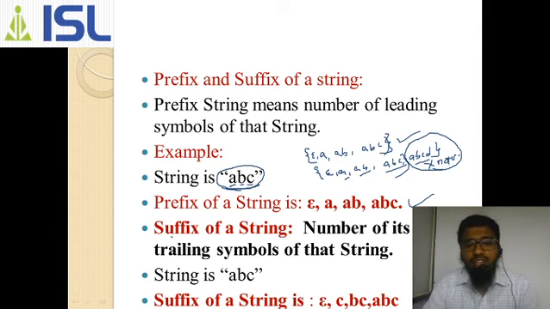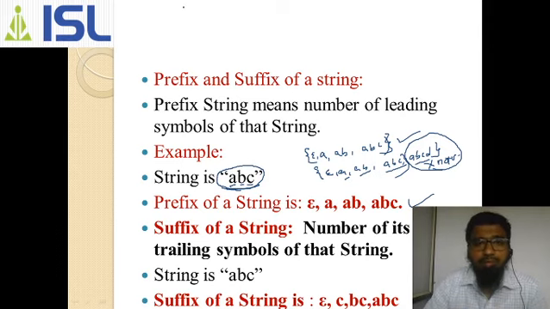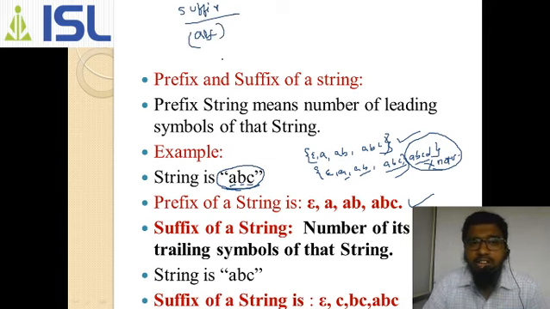What is suffix? Suffix of the string means the number of trailing symbols of the string. In the suffix, the same thing: the string ABC is there.